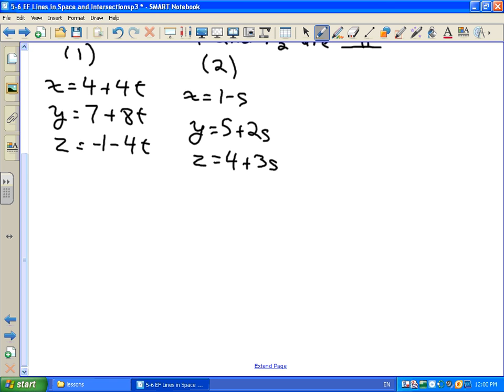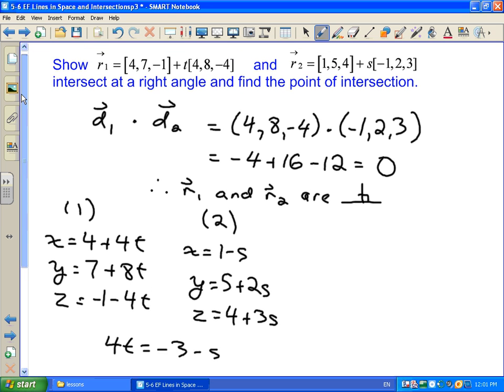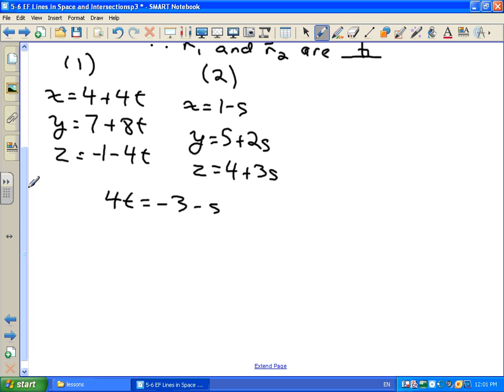I've got to bring the 4 over to the other side, so I will get 4t = -3 - s. Then for y, we've got to subtract the 7 from the 5, which gets us 8t = -2 + 2s.